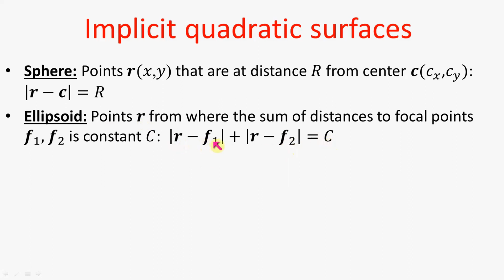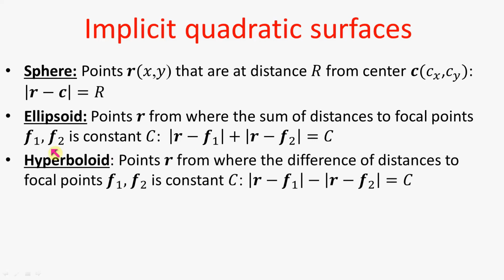Again, the distance between 2 points can be obtained by finding the difference of the two position vectors and calculating the absolute value of this difference vector. The hyperboloid is quite similar to the ellipsoid. The only difference is that instead of adding the two distances, here we calculate their difference. And this difference must be equal to a predefined constant c.